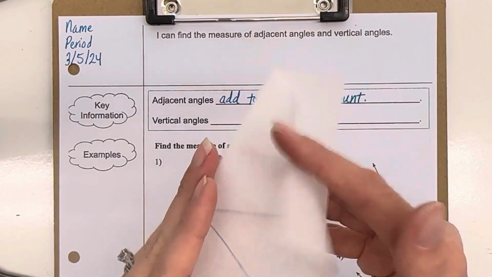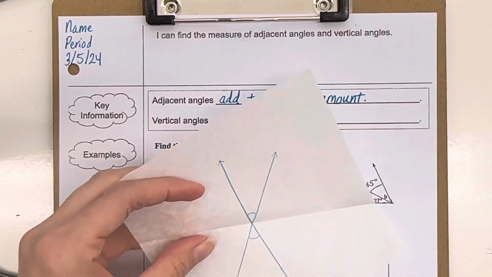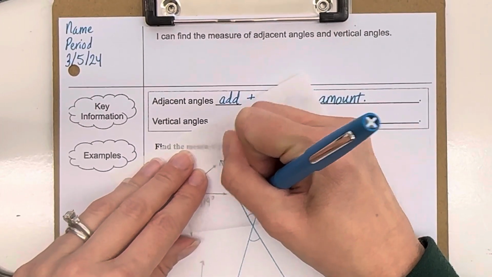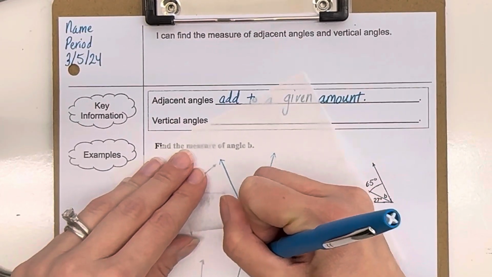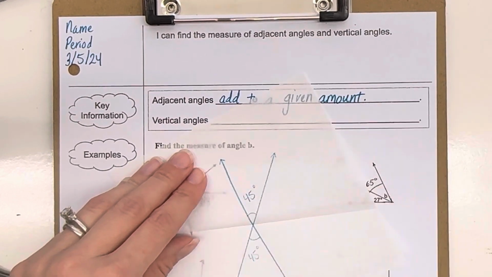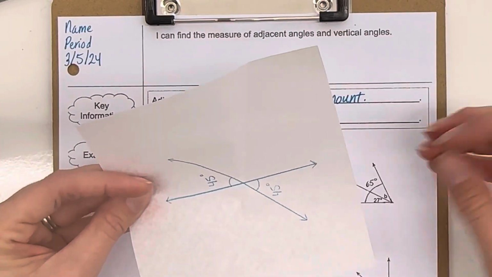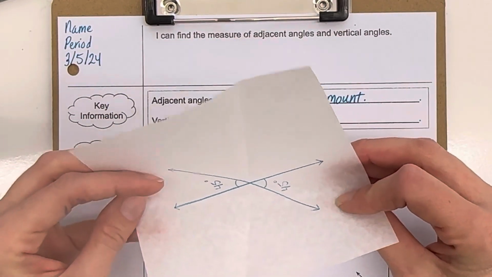So if this angle happened to be, let's say, 45 degrees, this angle right here would also be 45 degrees. Two sets of vertical angles happen when you intersect lines.